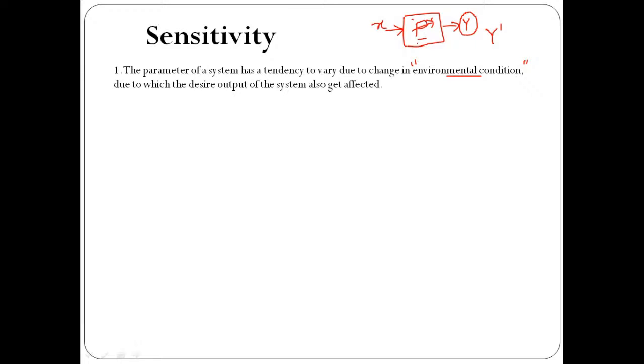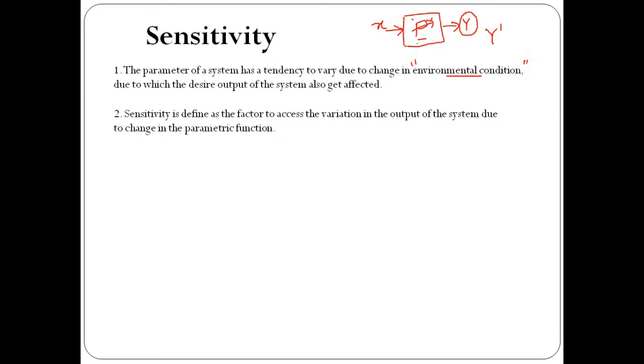So that technique through which we are in a position to analyze the change in the output of a system due to change in its corresponding parameter is called sensitivity, or that factor through which we are analyzing the behavior of that system is known as sensitivity factor.